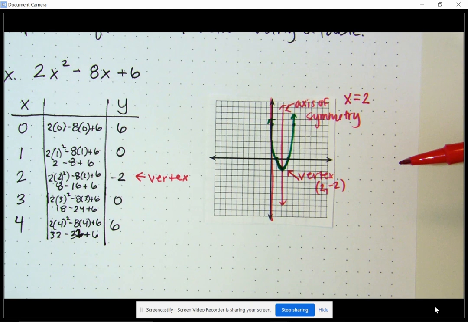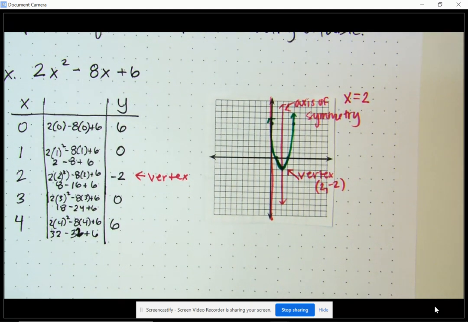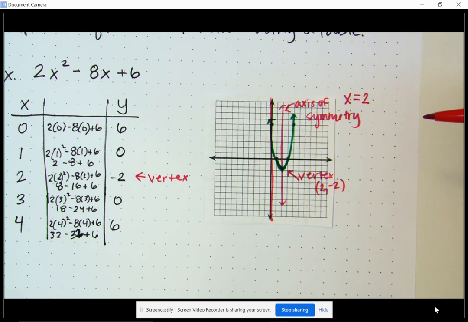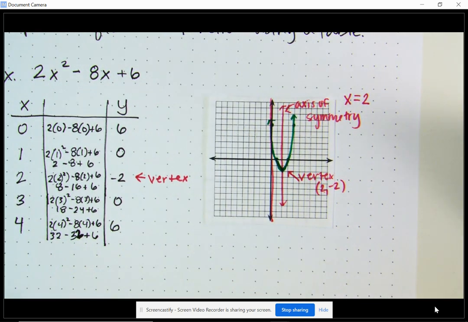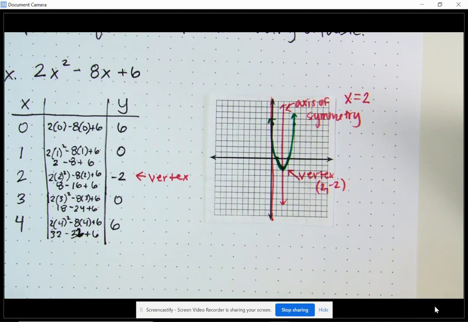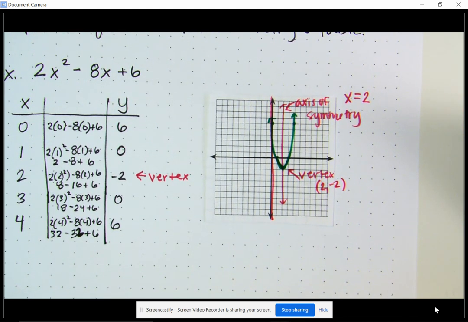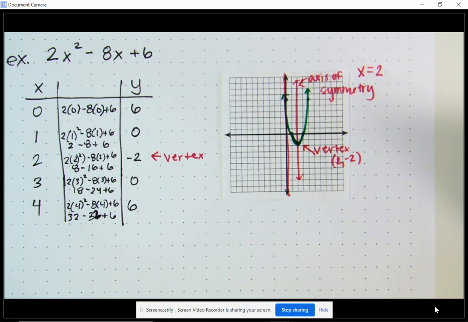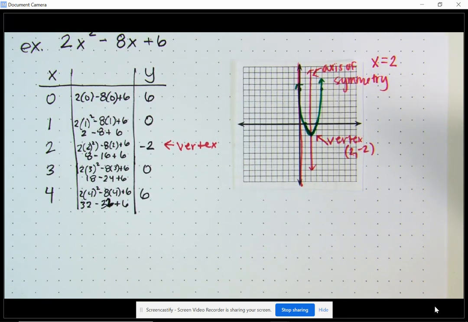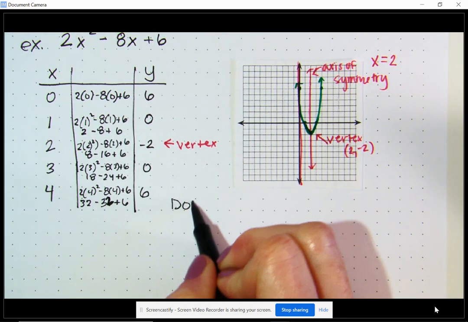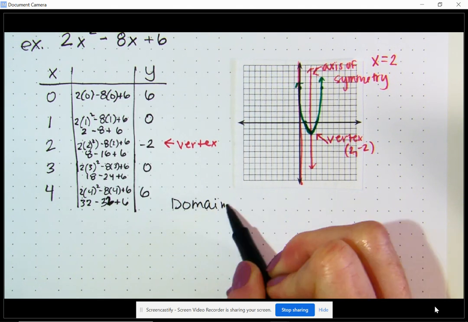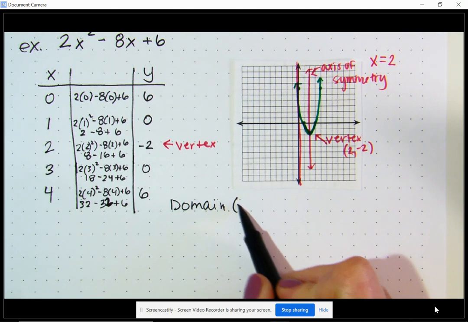Also my x-coordinate. A couple other things that you're going to need to make sure that you are able to describe are the domain and the range. Okay, so let's talk about that. Remember, the domain are the x values.